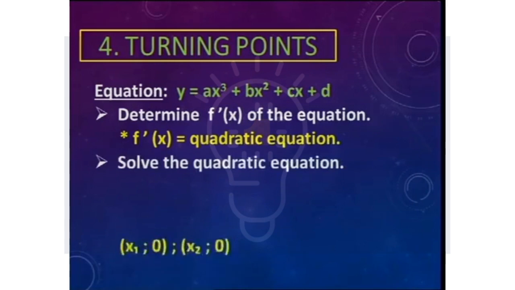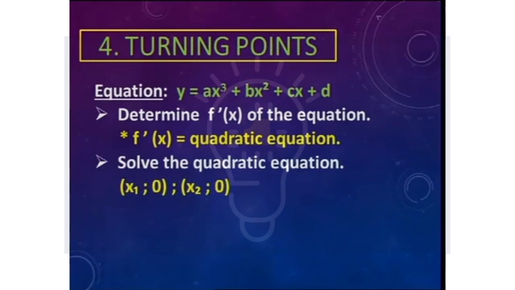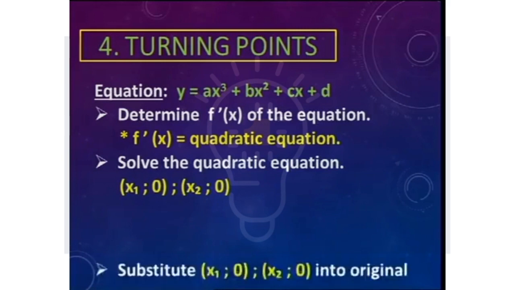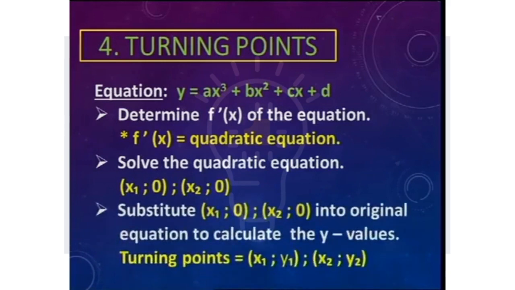So to solve the quadratic equation, you should have 2 x values, x1 and x2. To get your corresponding y values, you substitute x1 and x2 into the original equation, and that will give you a corresponding y1 and y2. So that is a bit of work involved, and you have to be careful not to make a mistake.